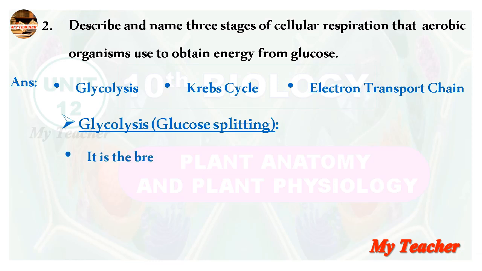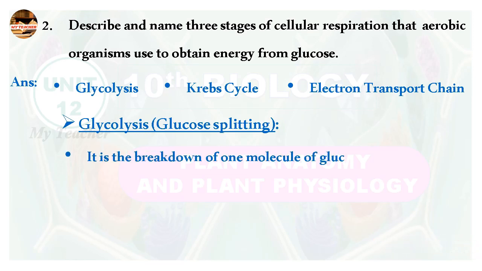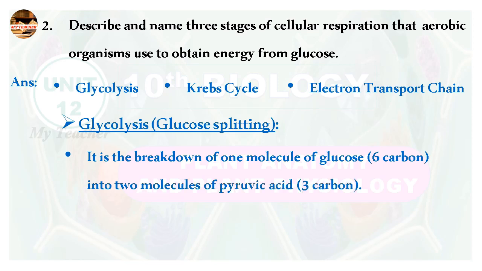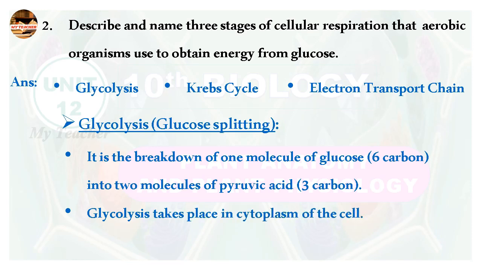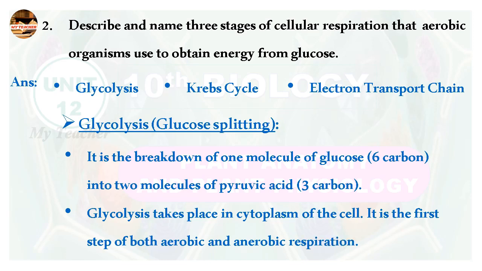It is the breakdown of one molecule of glucose, that is a 6-carbon compound, into 2 molecules of pyruvic acid, a 3-carbon compound. Second point, glycolysis takes place in the cytoplasm of the cell. It is the first step of both aerobic and anaerobic respiration.